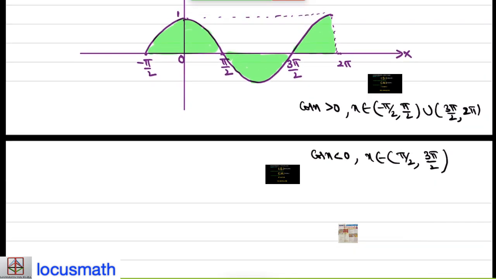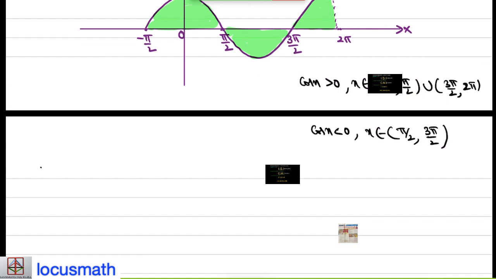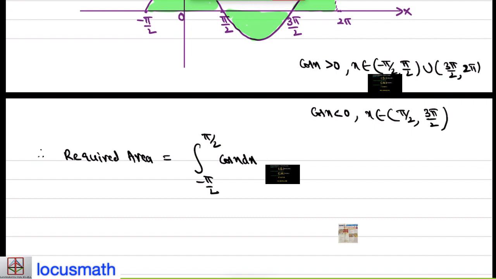Therefore the required area is, from minus pi by 2 to pi by 2, cos x is positive, so just the integral of cos x dx. From pi by 2 to 3 pi by 2 cos x is negative, but we need the area, not the definite integration, so here you put modulus.